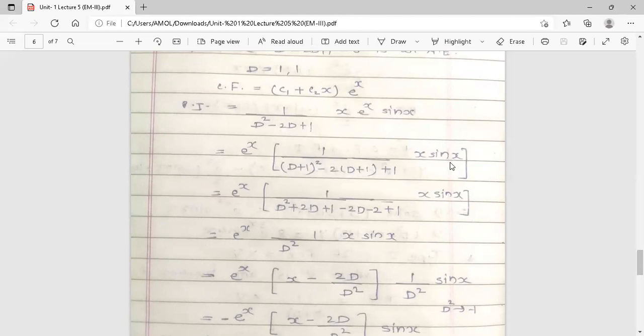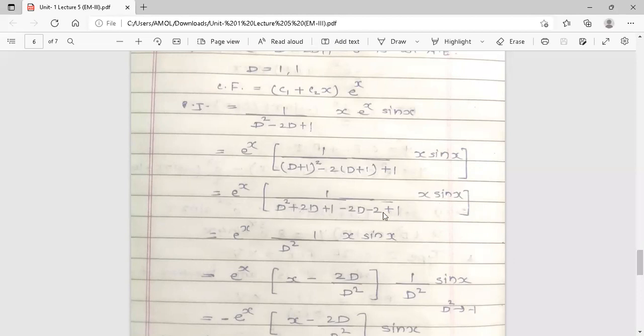Now simplify, next step simplify the denominator term, d plus 1 whole square, its expansion is d square plus 2d plus 1 minus, now you solve for this bracket term d plus 1 into 2, so the term is minus 2d minus 2 plus 1 into x into sin x.